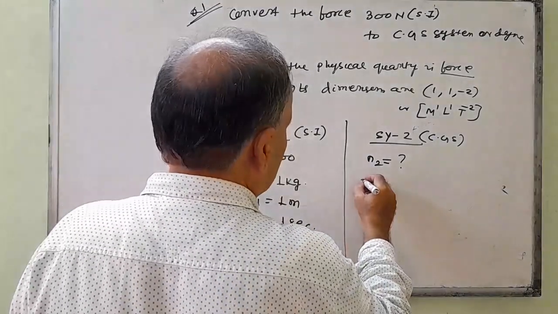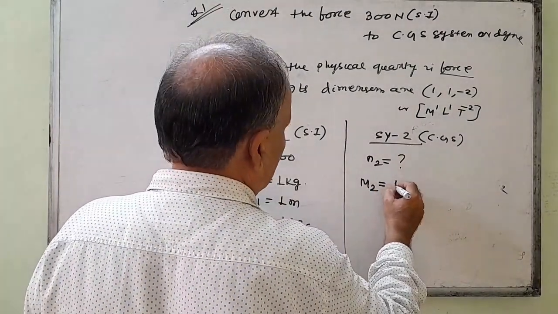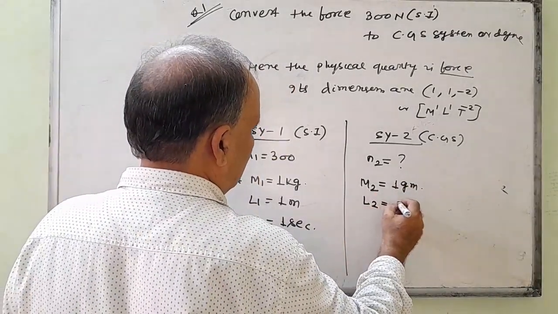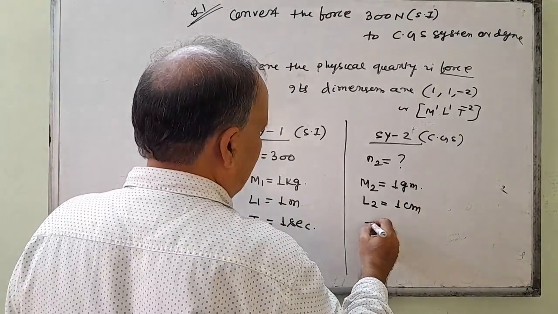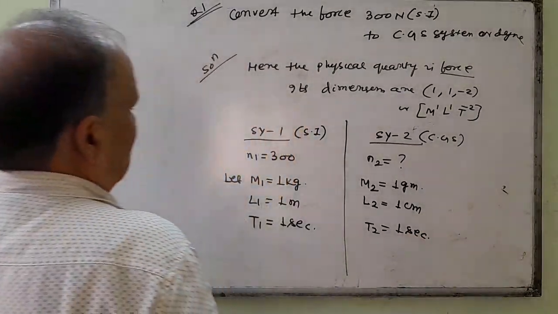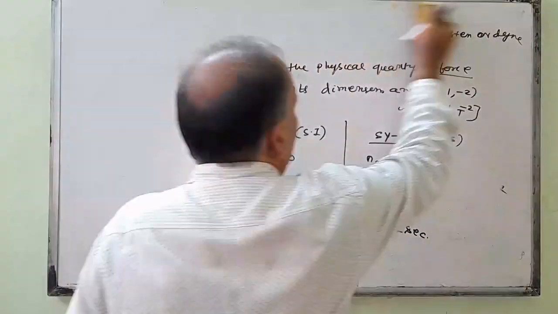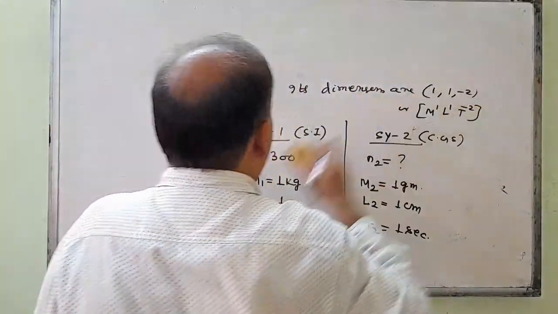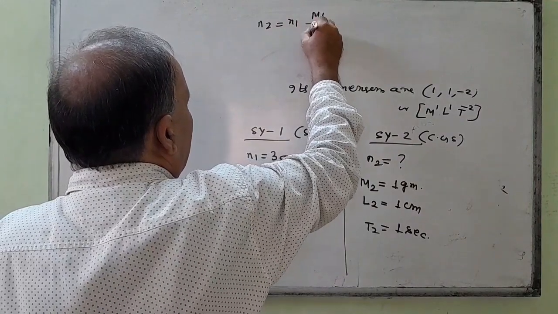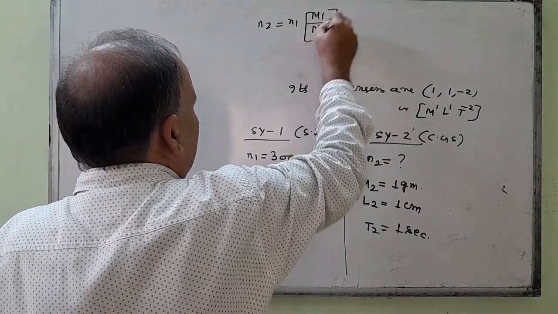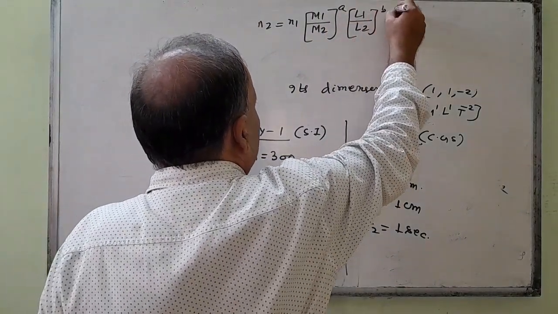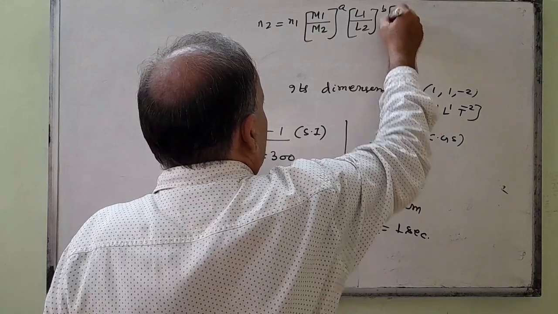And here you take M2 is equal to 1 gram, L2 is equal to 1 centimeter and T2 is equal to 1 second. So you apply the formula, you write N2 is equal to N1, M1 by M2 whole to the power A, L1 by L2 whole to the power B, T1 by T2 whole to the power C.